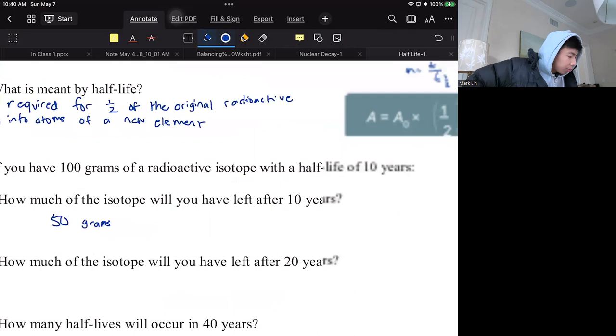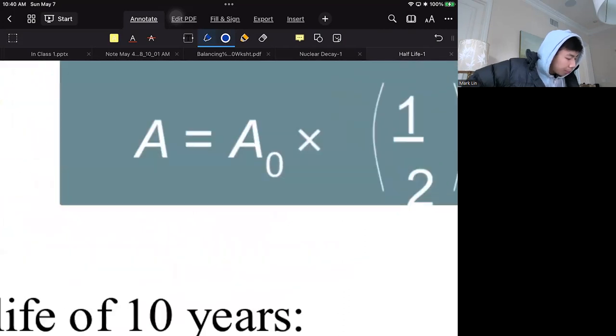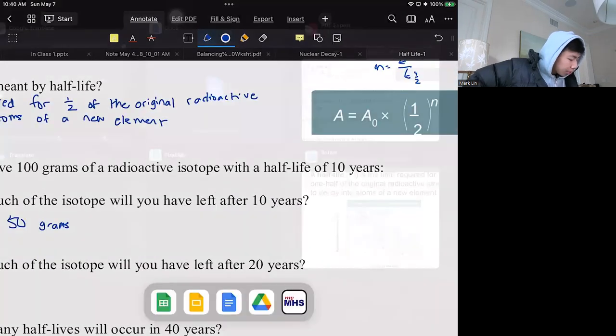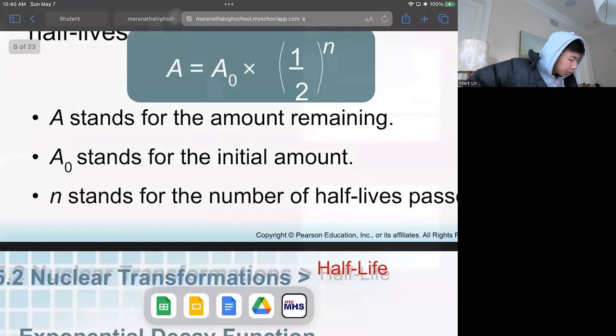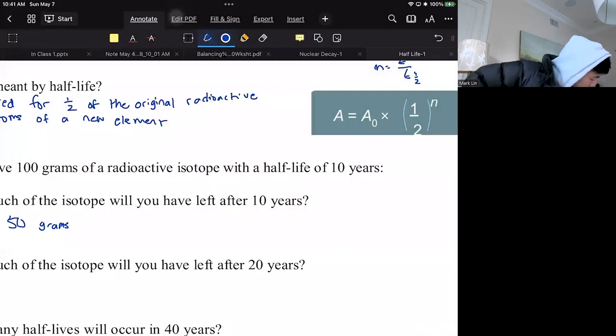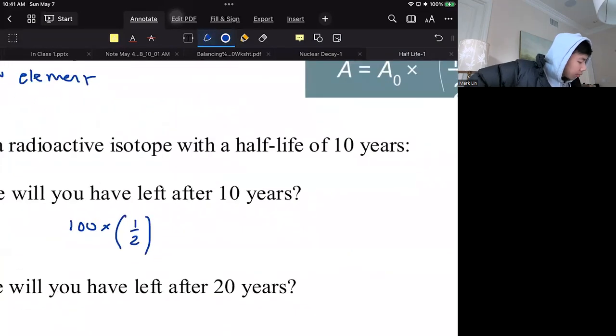We can also write this out in an equation if you want. A naught is the original substance, the initial amount. So it's your initial amount, 100, times one half to the n, where n is t over t one half.